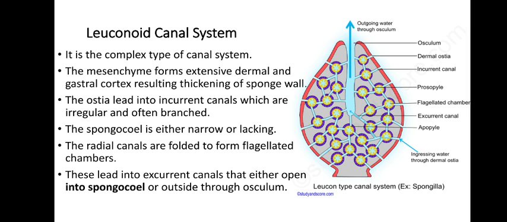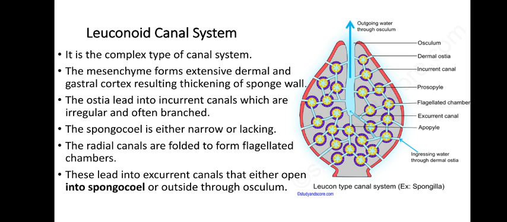This is basically seen in members of Demospongiae like Spongilla. It is a highly complex form of canal system. Even though the Sycon type is derived from the Ascon type, during the development of the Leucon type you won't see Ascon and Sycon types.